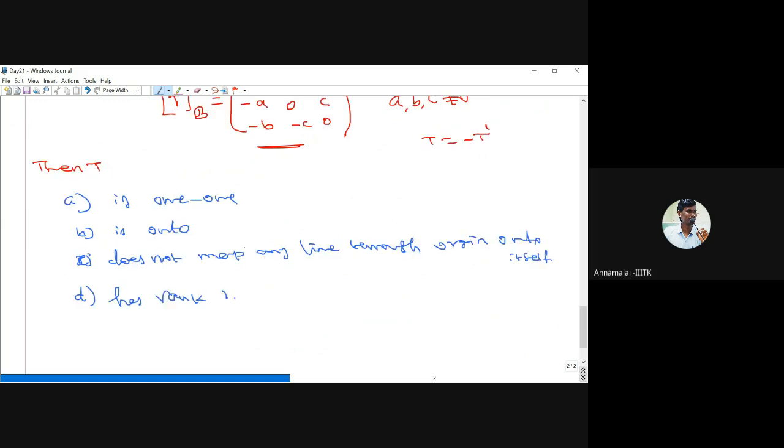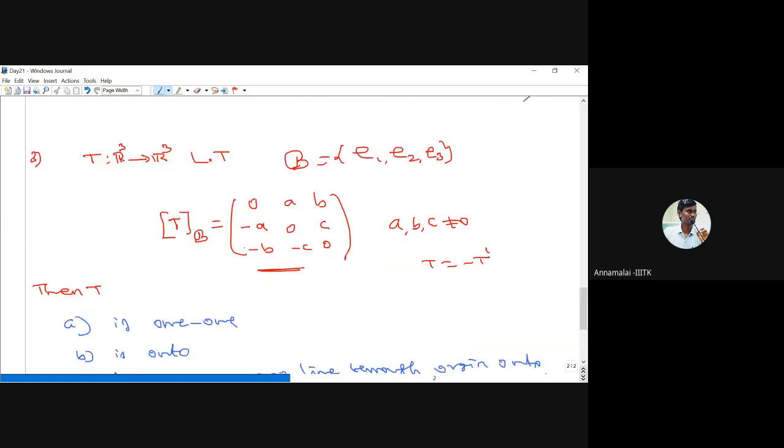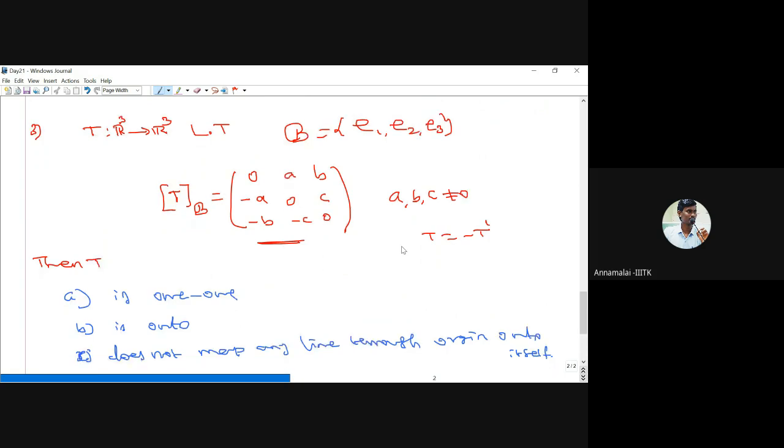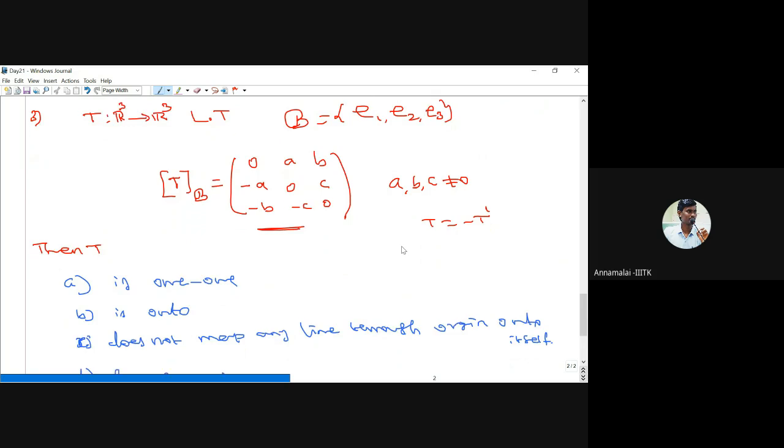Now what can you say about this linear transformation? Here A, B, C are non-zero real numbers. So we can easily check what the rank is. What is the determinant of this matrix? If the determinant is non-zero, then the rank is 3.